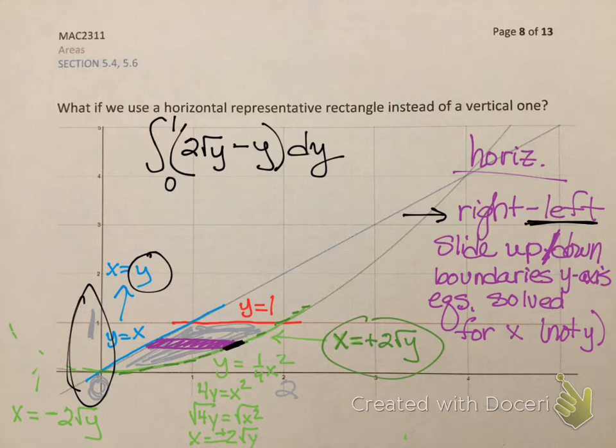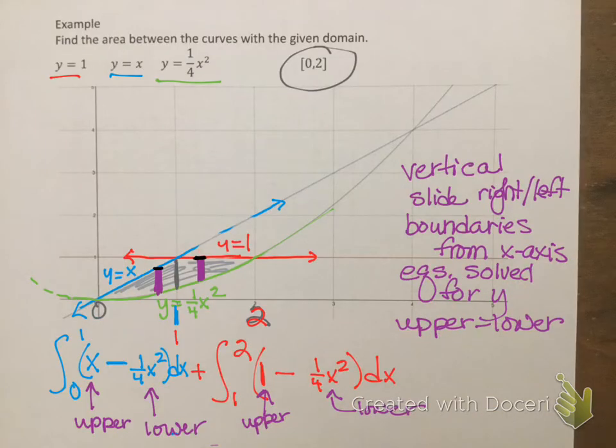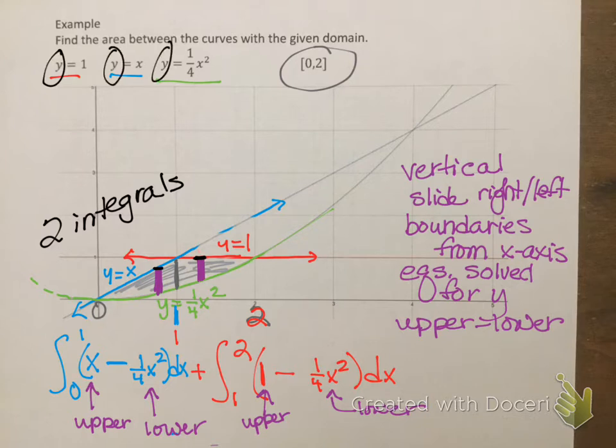So what's the benefit of using a horizontal representative rectangle instead of a vertical one? Well, if you remember on the previous page, this required us to have two integrals when I did a vertical representative rectangles there. But my curves were already solved for y here, so that one was set up kind of to be able to be done pretty easily with vertical representative rectangles.